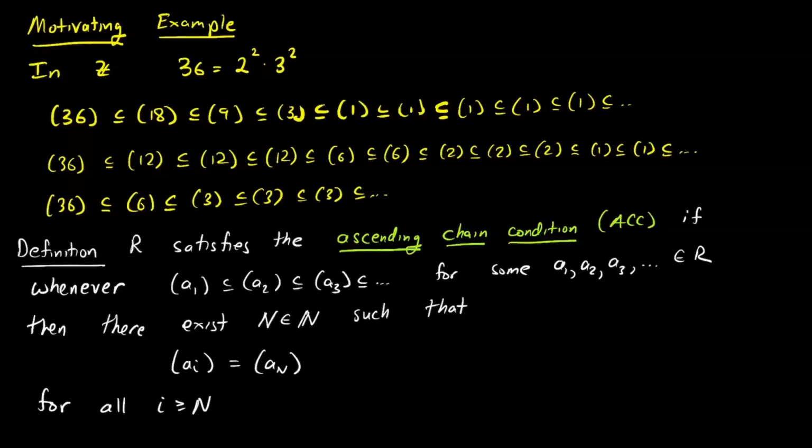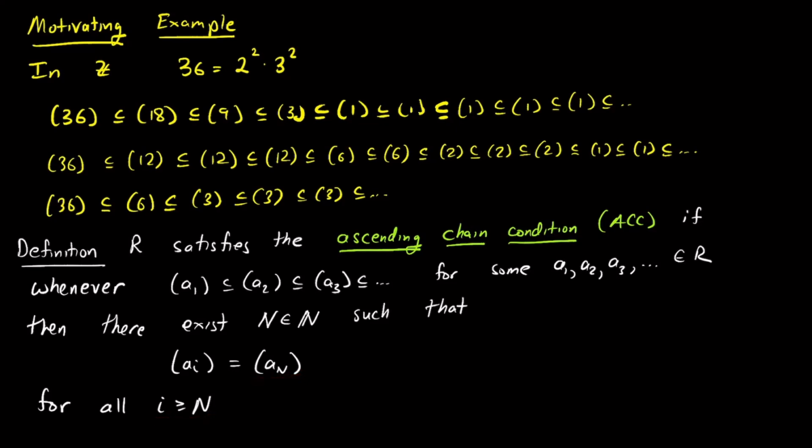Here's our definition for the ascending chain condition. I'll say that a ring R satisfies the ascending chain condition, which we'll abbreviate as ACC, if whenever I have a chain of ideals, the ideal generated by A1 is a subset of the ideal generated by A2, and so on and so forth going upwards, for some elements A1, A2, A3, and so on in R, then there exists some natural number n such that the ideal generated by A_i is equal to the ideal generated by A_n for all i greater than or equal to n.